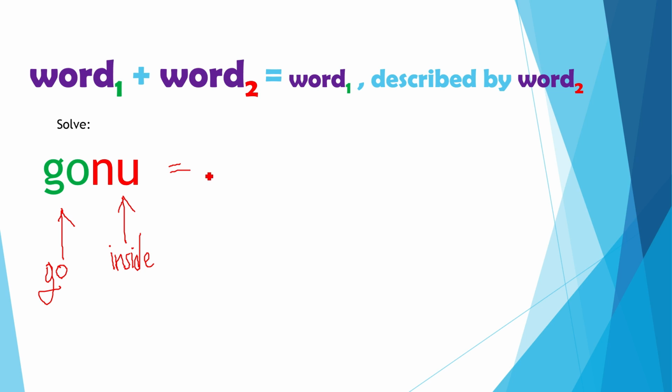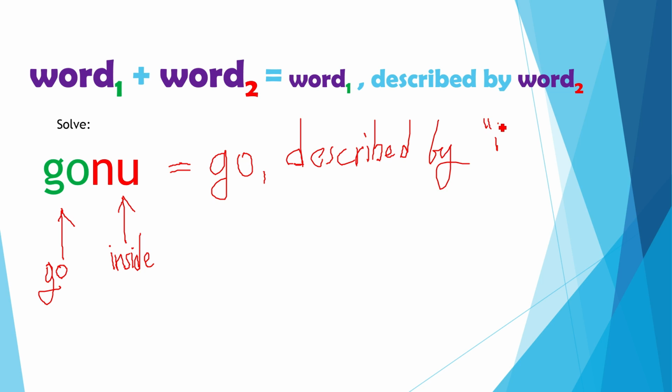So what does it mean? Well, if we apply the formula, gonu means go described by inside, right? So what kind of go do we describe by inside? Inside of something, right? Because if we put something after the word inside, for example the store, it will be like go inside store.